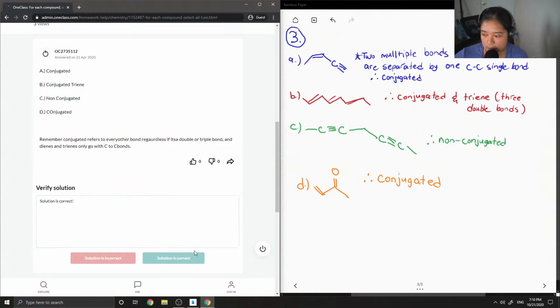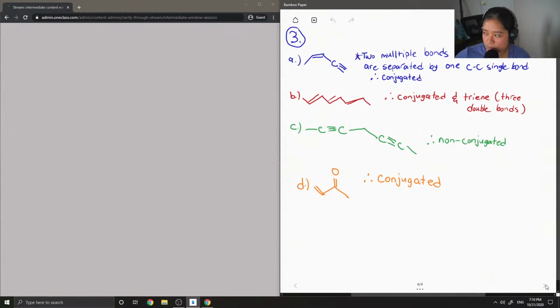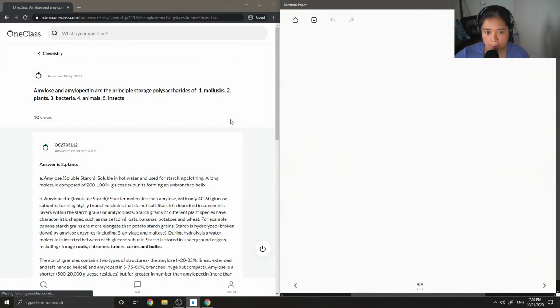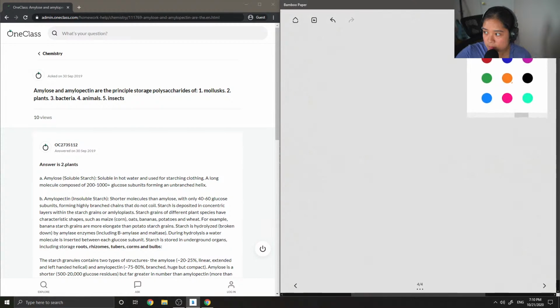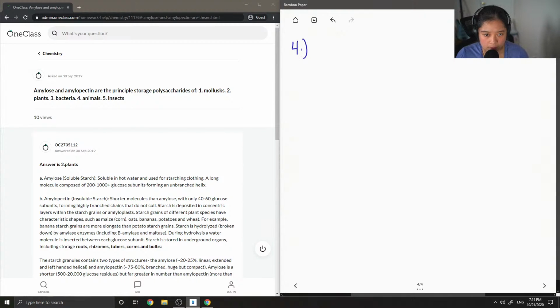Okay, so let us move on to question number 4. Amylose and amylopectin are the principal storage polysaccharides of 1. mollusks, 2. plants, 3. bacteria, 4. animals, or 5. insects.